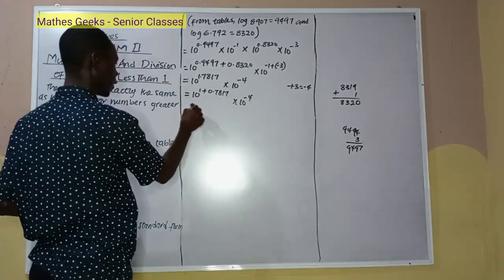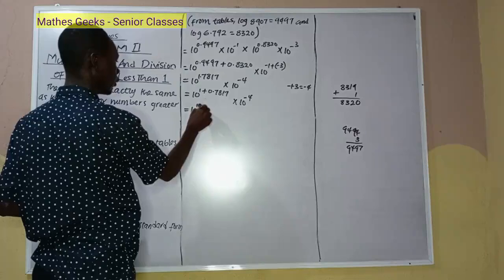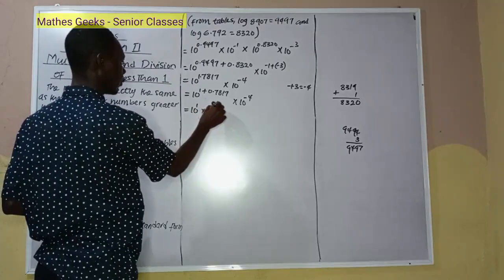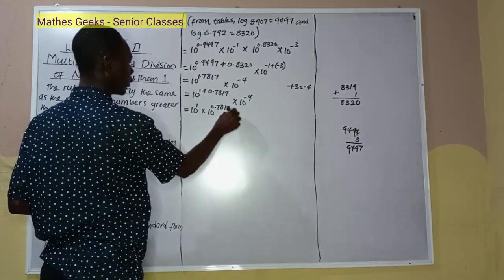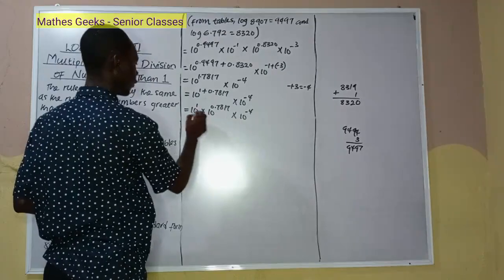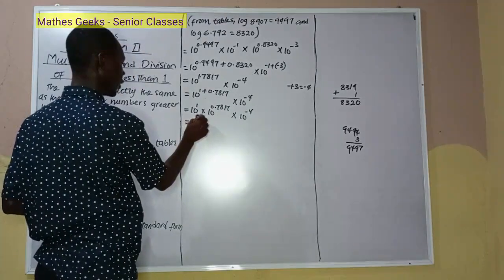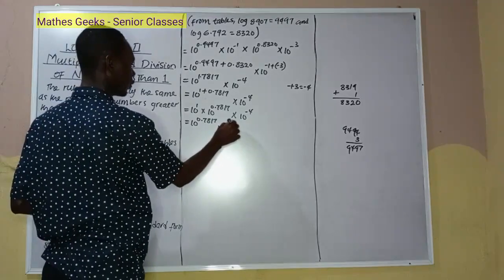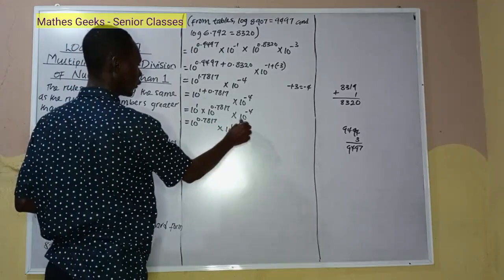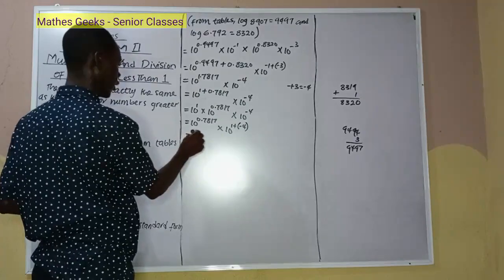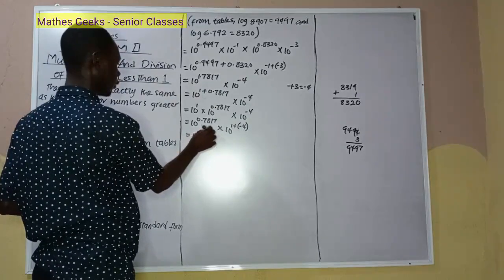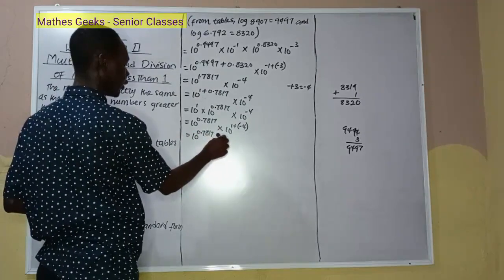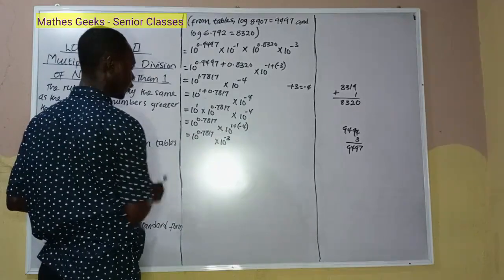And of course it becomes 10 raised to 1 times 10 raised to 0.7817 times 10 raised to minus 4. So 10 raised to 0.7817 times 10 raised to 1 plus minus 4, and that is 10 raised to 0.7817 times 10 raised to minus 3.